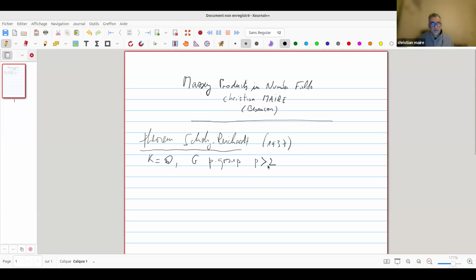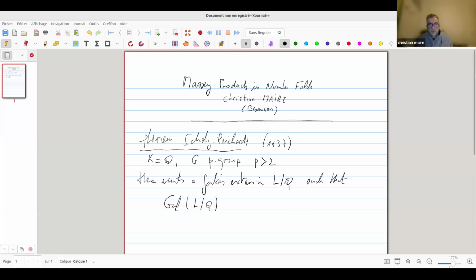The theorem states that there exists a Galois extension L over Q such that the Galois group of L over Q is isomorphic to G.